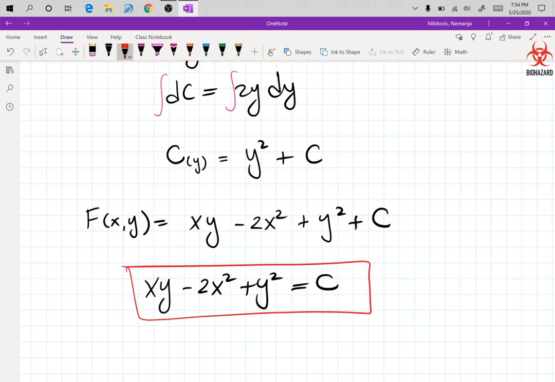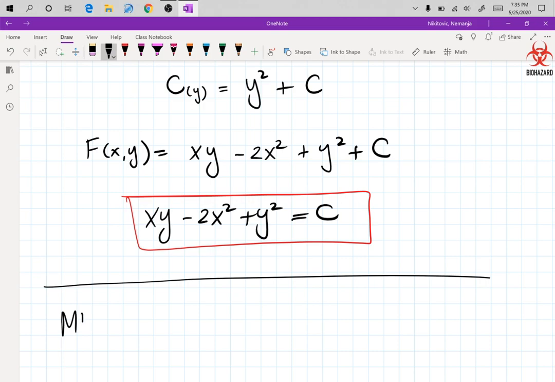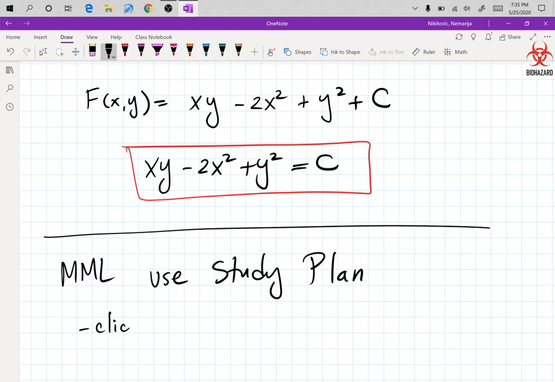The last pointer, even though I am going to put this in Canvas as an announcement, is that once your homework expires, you can still access the homework and much more through Study Plan. So when you are in My MATLAB, use Study Plan, click on all chapters, and then pick what you need.